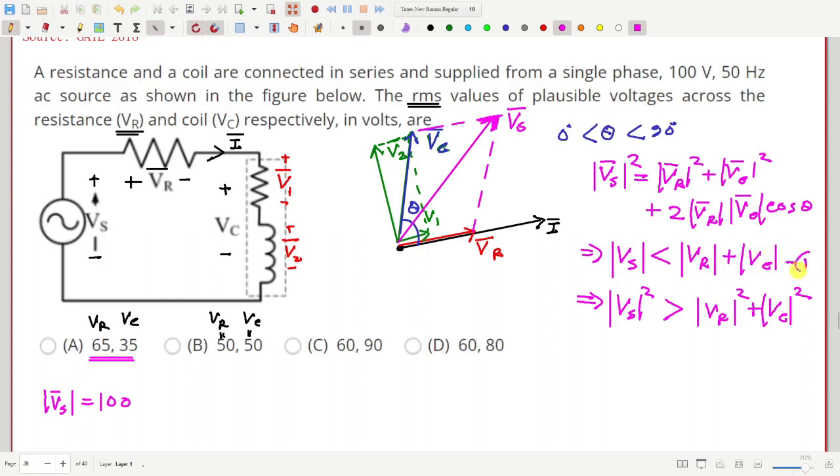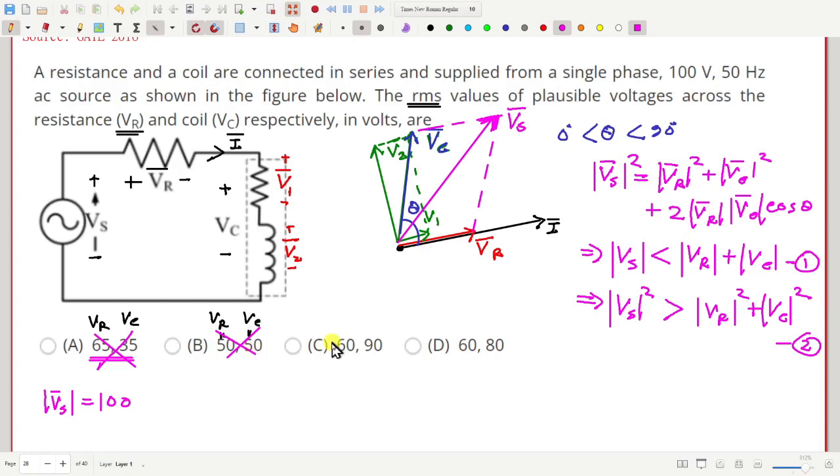Let me call it 1 and 2. The sum of the two voltages should be greater than Vs, so that is not satisfied. So option 1 is not possible. Is option 2 possible? Please check and tell me. No, this is also violating condition 1.